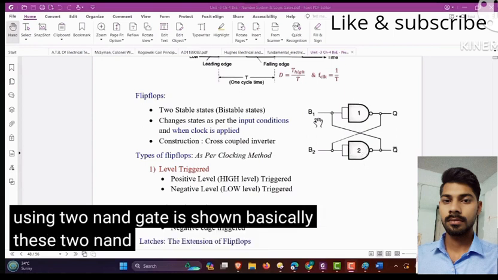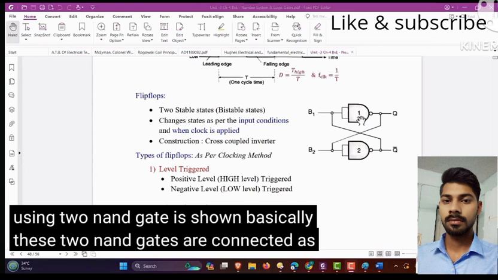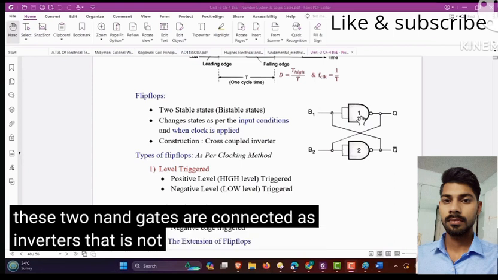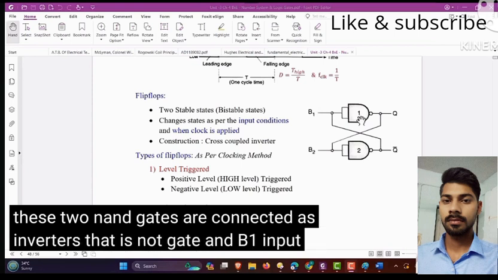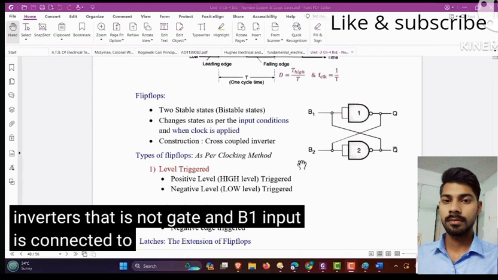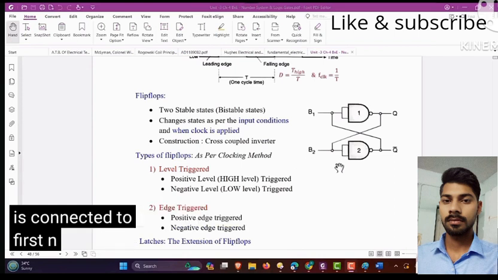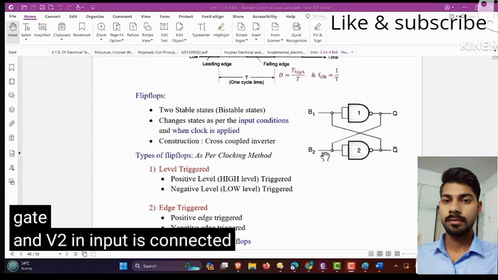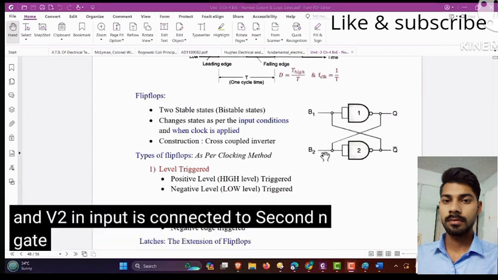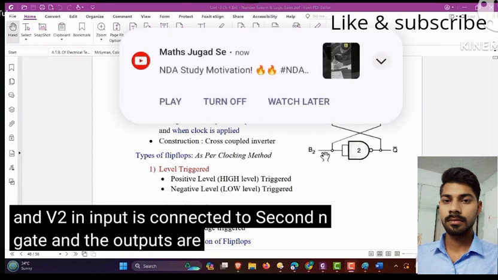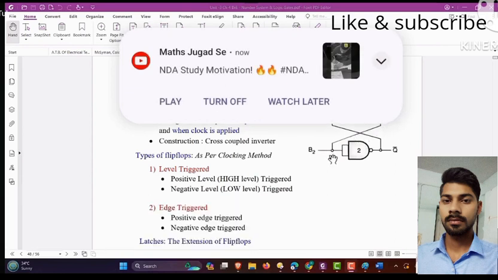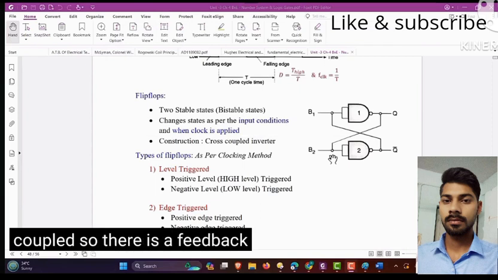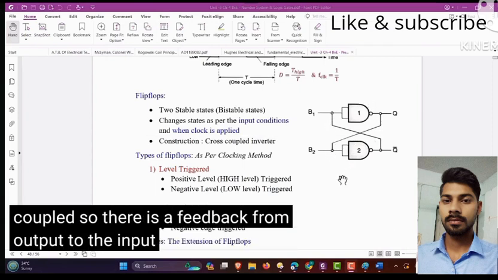Basically, these two NAND gates are connected as inverters, that is NOT gate, and B1 input is connected to first NAND gate and B2 input is connected to second NAND gate, and the outputs are cross coupled. So there is a feedback from output to the input of the next gate.